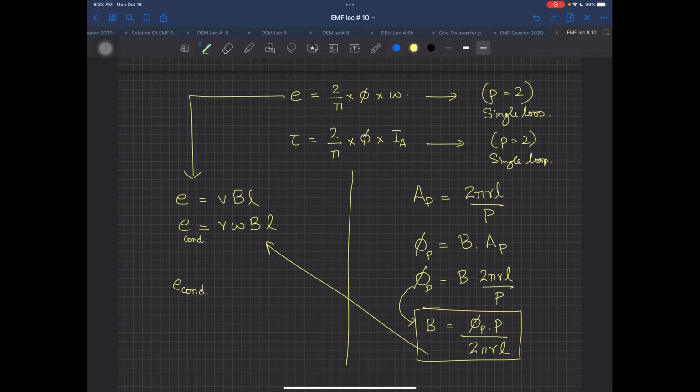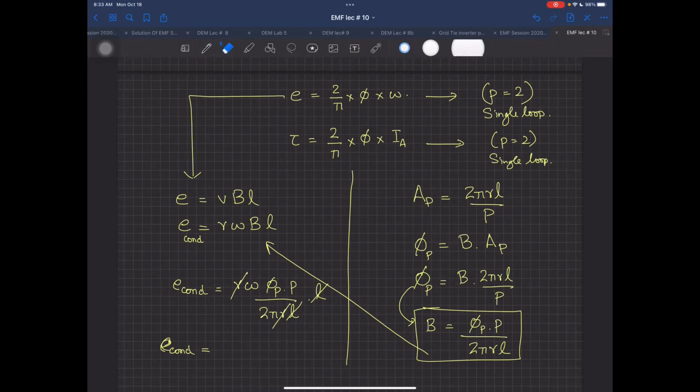Putting this in the equation, E conductor equals R omega, and for B you have phi p into p over 2 pi RL, into L. So this L cancelled, and R is also cancelled.